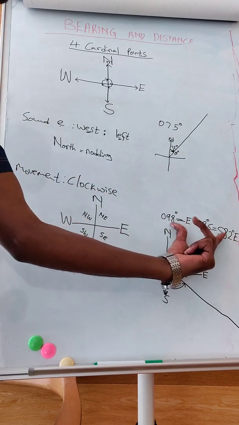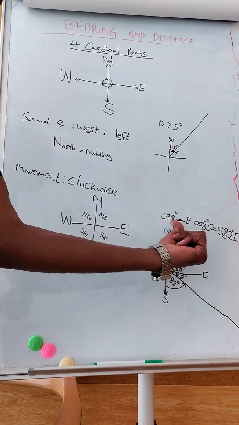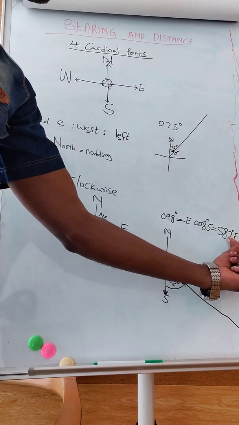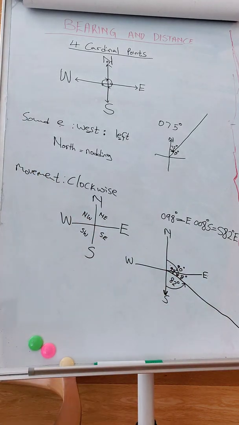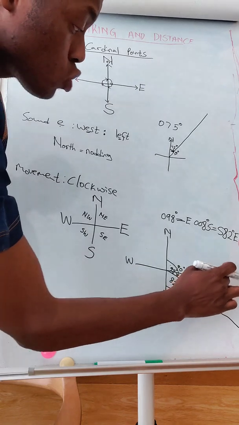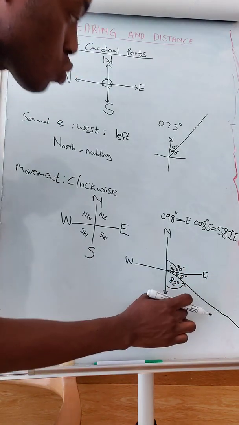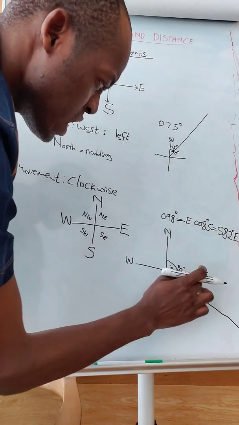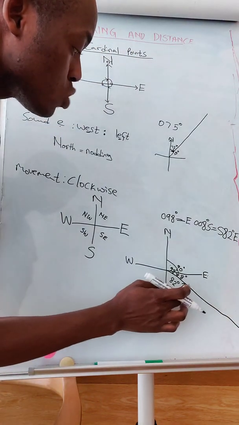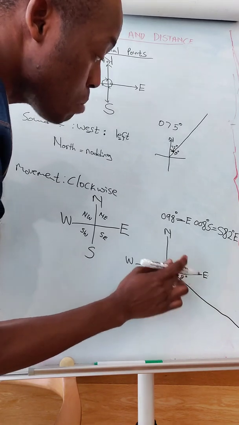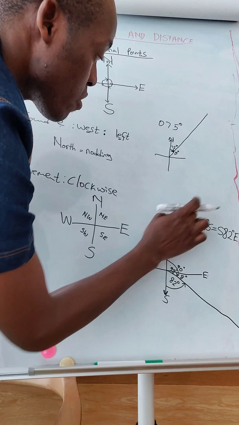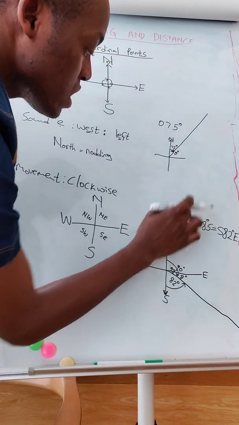It's still the same bearing and distance. So this is equal to this, is still equal to this. Are we together? That is between south and east. If you want to move clockwise, you will get 8 degree. If you want to move anti-clockwise, you will get 82 degree to get the same direction of this 098 degree.